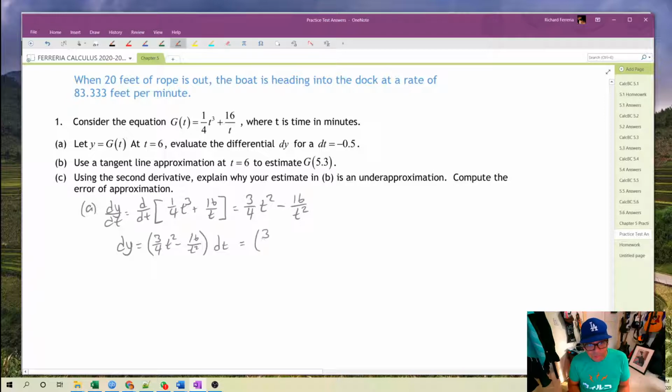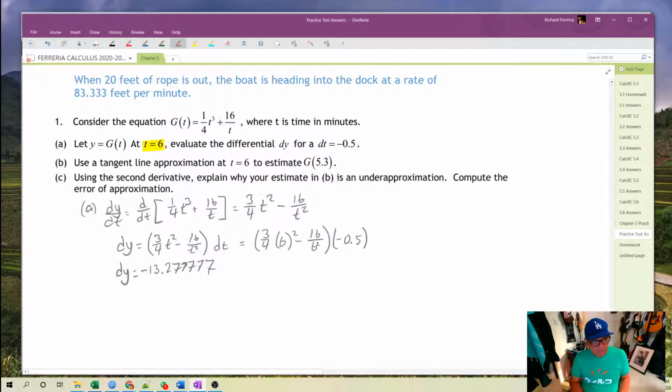That gives us 3/4 of 6 squared minus 16 on 6 squared, multiplied by a dt of negative 0.5. And if you don't know where that 6 came from, that's right over here. All right, that's just a matter of calculation. So when you calculate that, you get dy is equal to negative 13.27777.